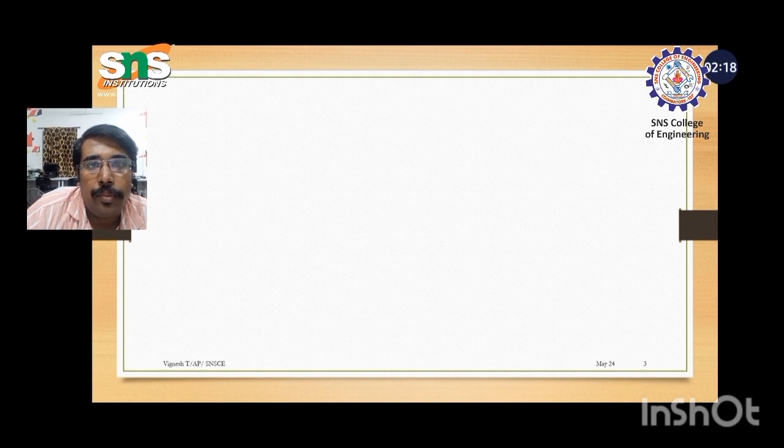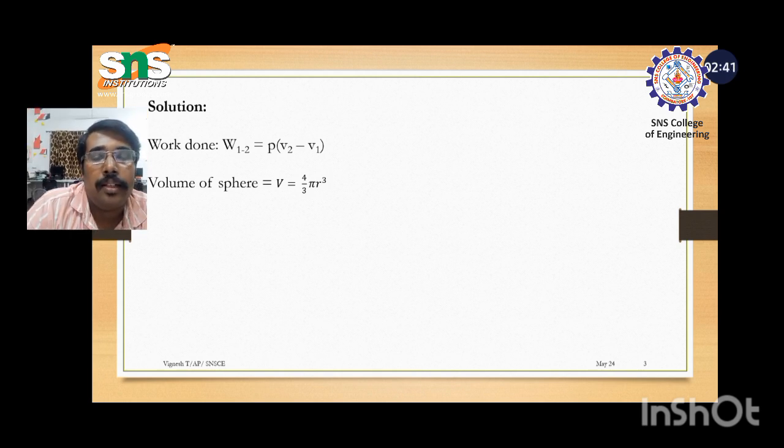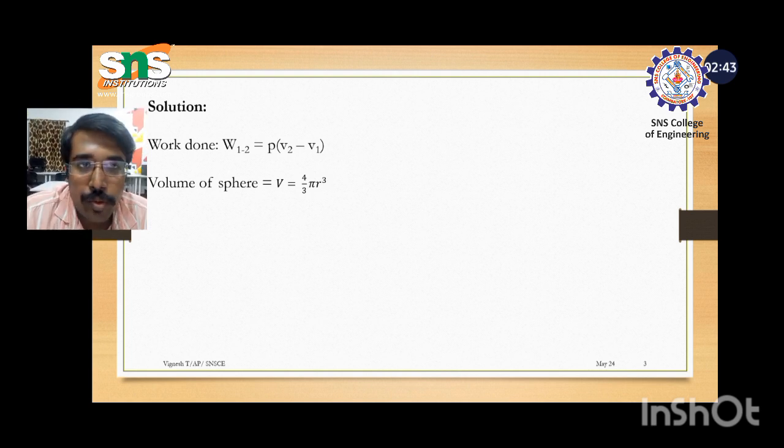So what will be the formula? You know that the work done is P into del V. So work done W1 to 2 is equal to P into del V. Pressure we know, but what is the formula for the volume of a sphere? 4 by 3 pi r cube. Here 4 by 3 and pi are constants.